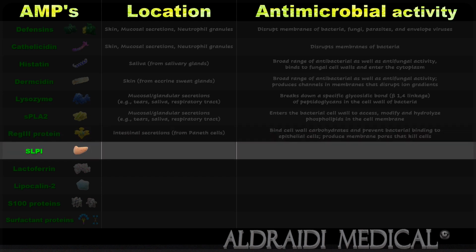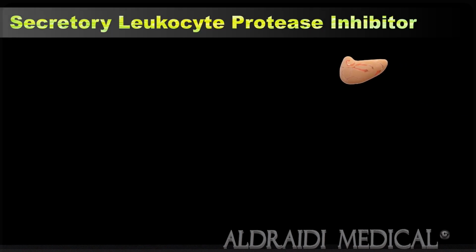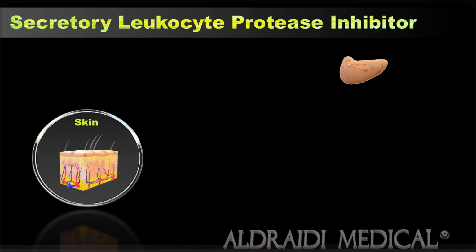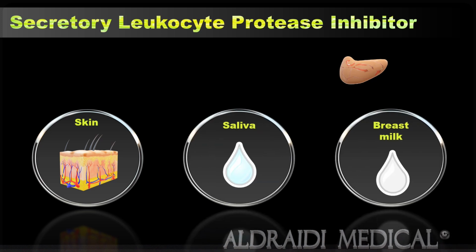Next is the secretory leukocyte protease inhibitor. SLPI is a highly cationic antimicrobial protein that can be found on skin as well as in mucosal and glandular secretions, especially in saliva and breast milk.